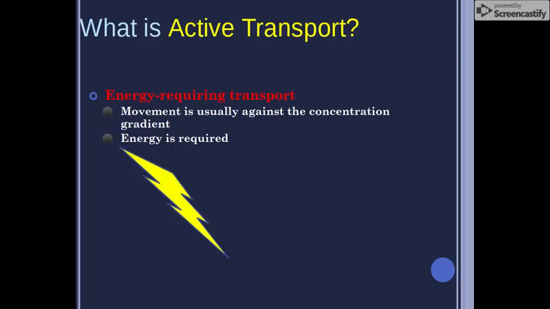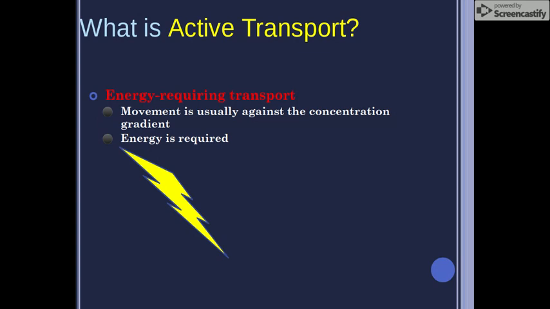Okay. Looking at another type of transport, we have active transport. Passive transport, meaning diffusion, facilitated diffusion, and osmosis, did not require energy. Active transport does. Sometimes we want to move things against the concentration gradient, from low to high concentration, and in order to do this, we need energy.